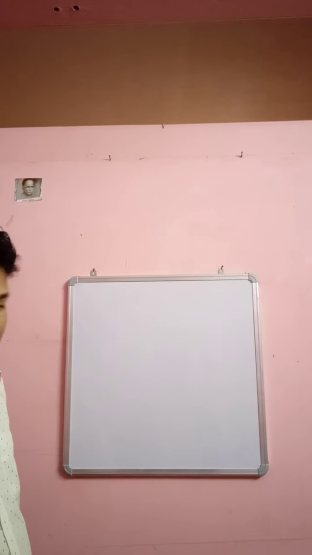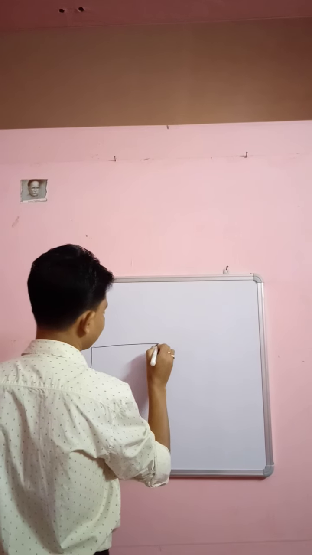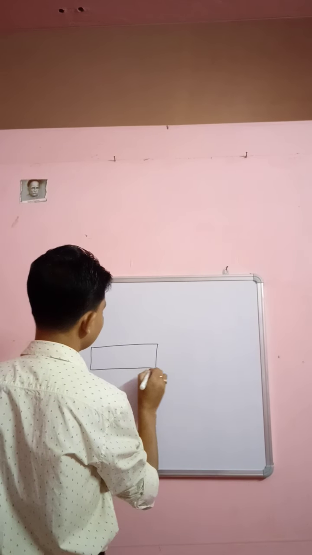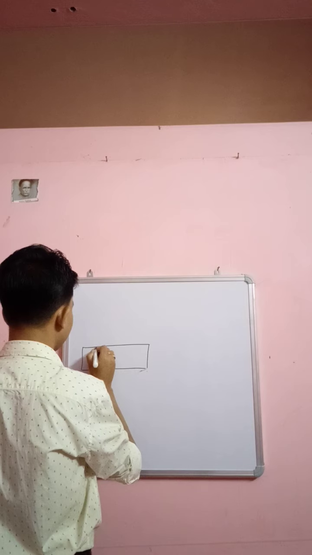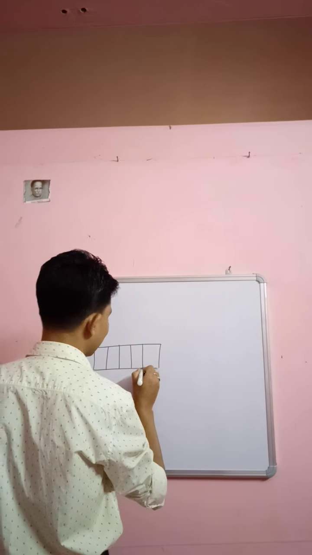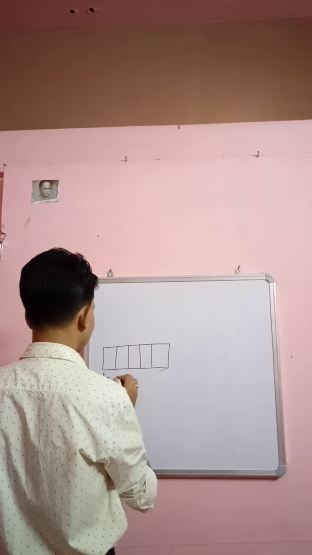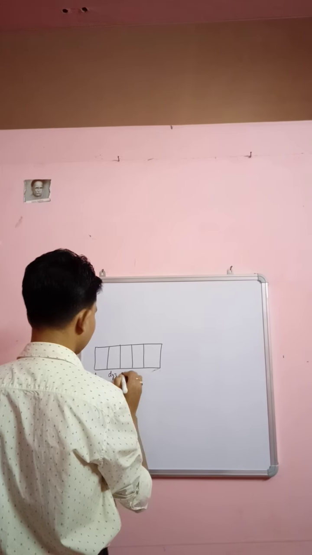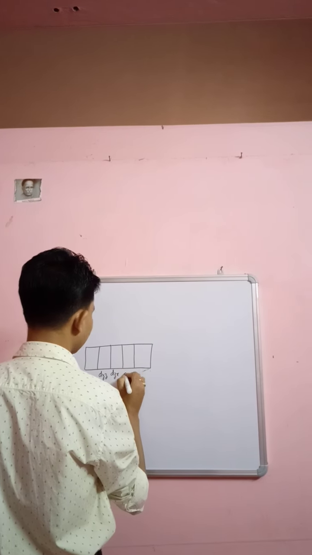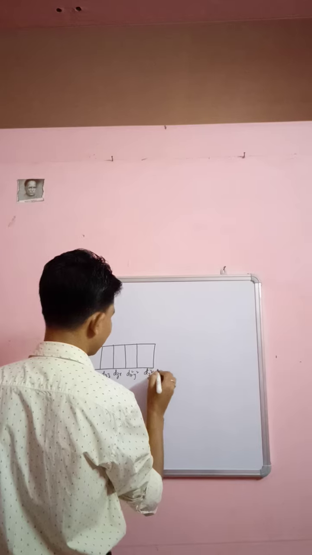We have 5 d orbitals: dxy, dyz, dzx, dx square minus y square, and dz square.